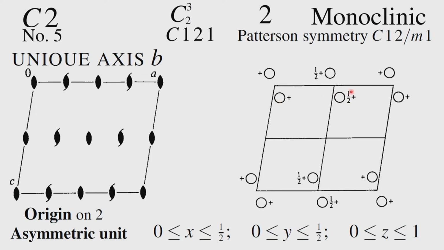So, this will be half plus x, half plus y, that is indicated by the half plus up here, because y is the direction in which it is going perpendicular, and then the z value remains the same. Therefore, we get the first position here, second position there, third equivalent point there. This second equivalent point comes within the unit cell, and then there is a twofold axis which is present at this position, which takes this over to here.